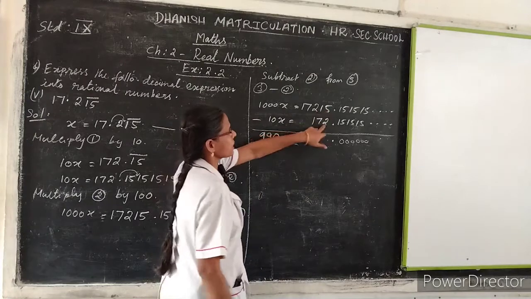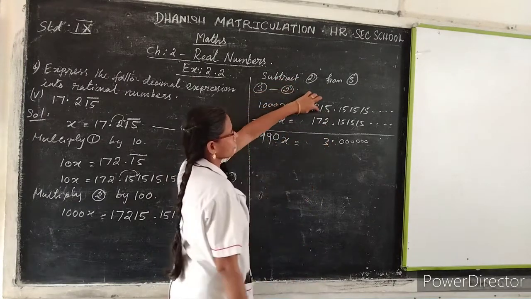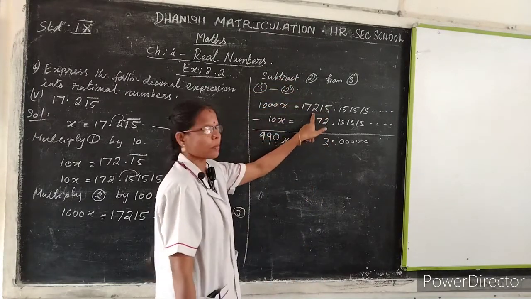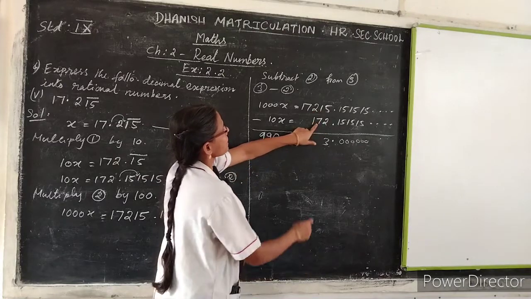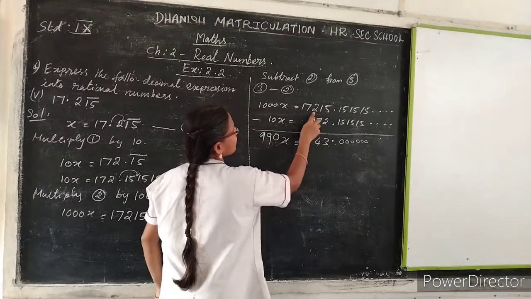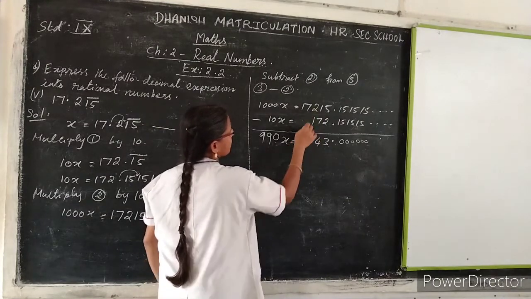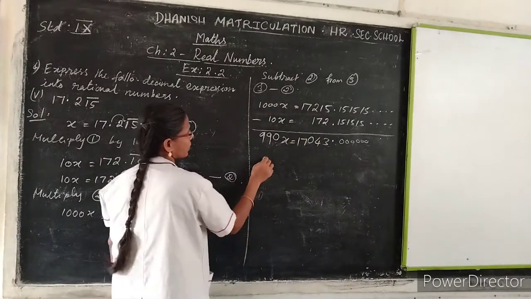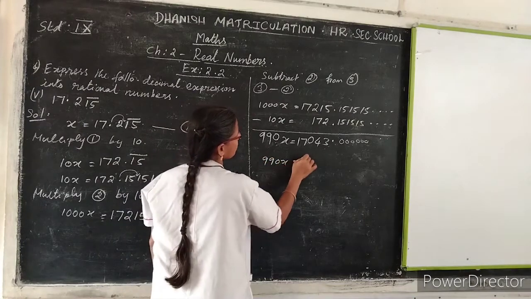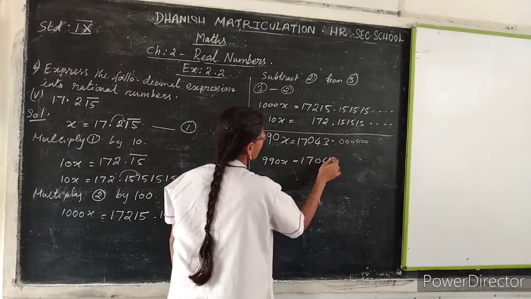Here 5 minus 2 is 3, 1 minus 7 is not possible, so borrow from here. So 11 minus 7 is 4, here only 1, so 1 minus 1 is 0, and this 7 minus 1. Therefore 990x is equal to 17,043.